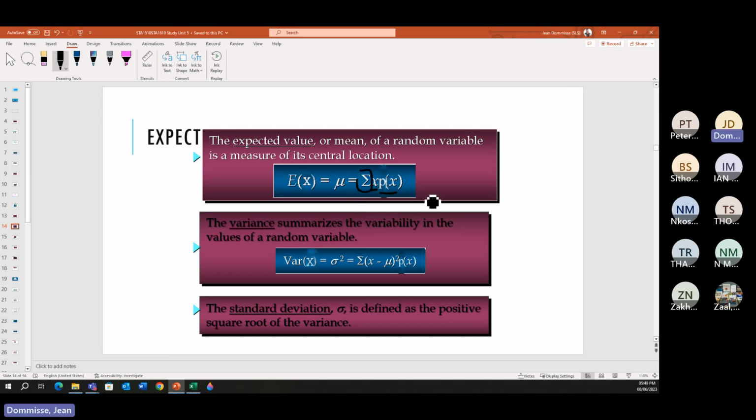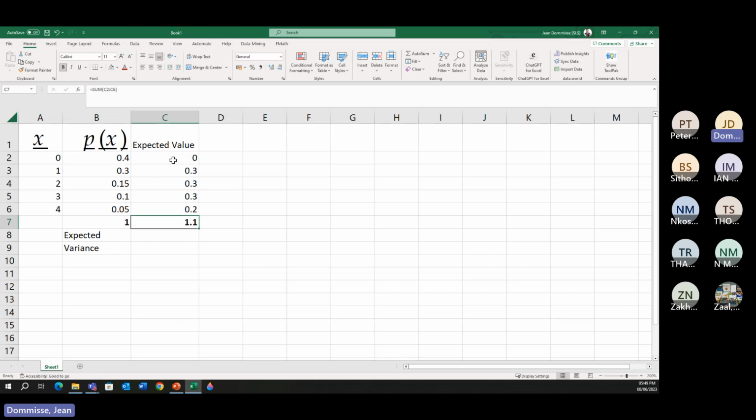Okay, so when we go back to the Excel, it's the x times the probability, but you sum it across all of them to get you to 1.1 for this example. So that will be your expected value.